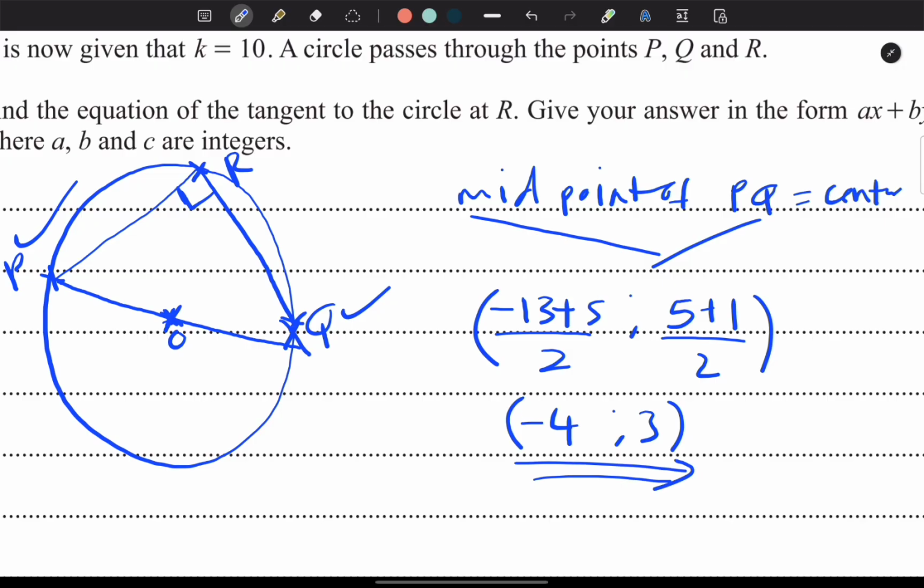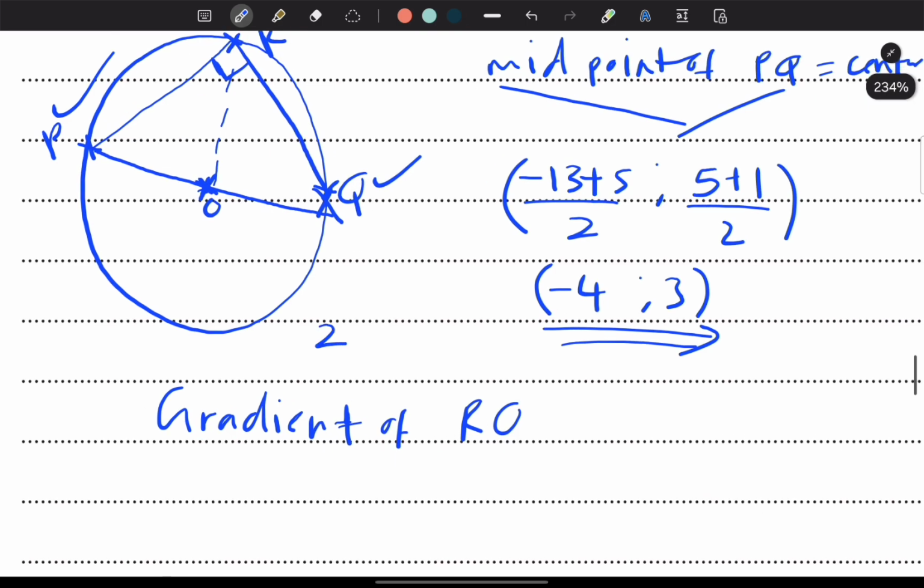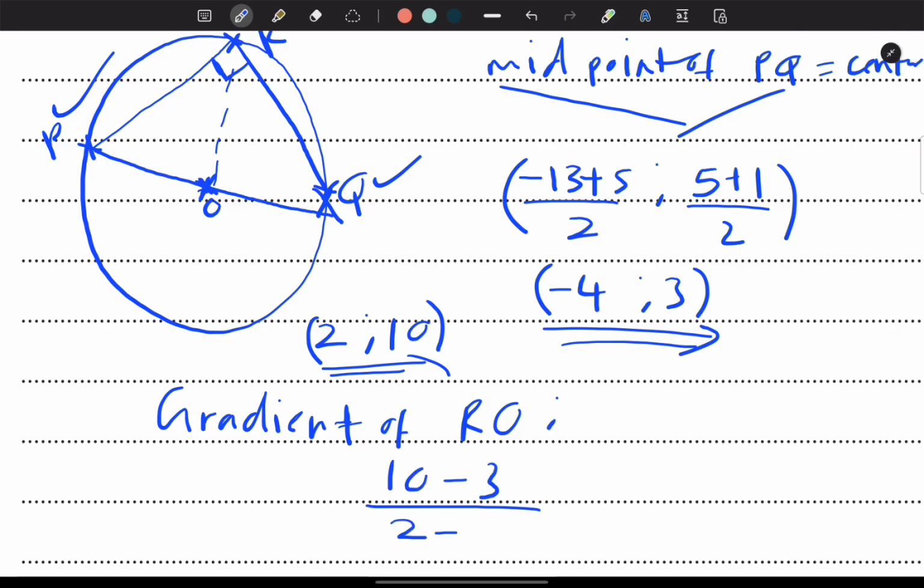If we have named our center O, we have to find the gradient of RO, which is a radius. Remember R is (2, 10) now because K is 10. So the gradient of RO will be 10 minus 3 over 2 minus minus 4. This should give us 7 over 6.